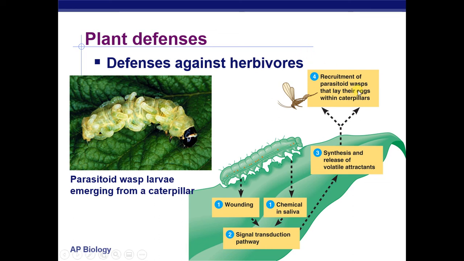So in this situation, when the sharp leaves of the plant wound the caterpillar, a signal transduction pathway within the leaf signals the synthesis of a volatile attractant, a chemical that will attract these parasitoid wasps that end up laying their eggs within the caterpillars. I know this is maybe unpleasant to think about, but it's one example of plants defending themselves against attackers.